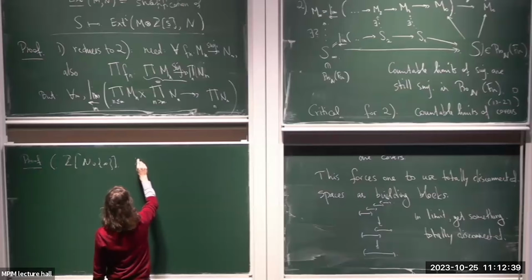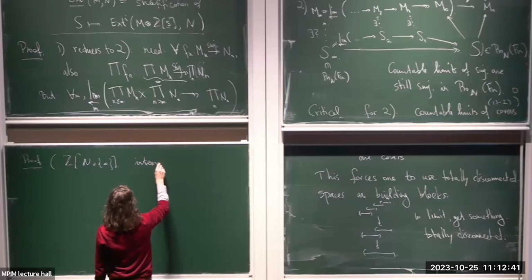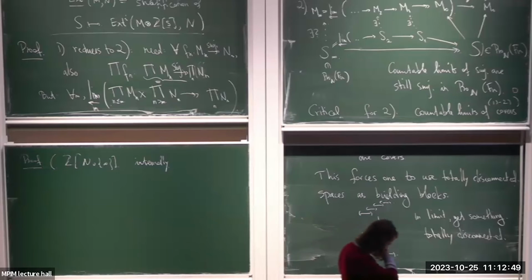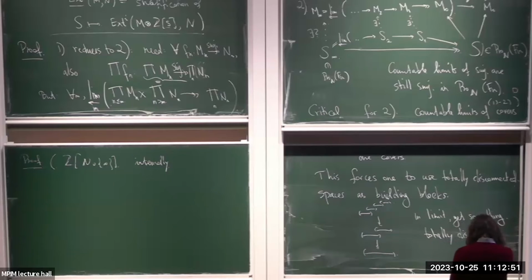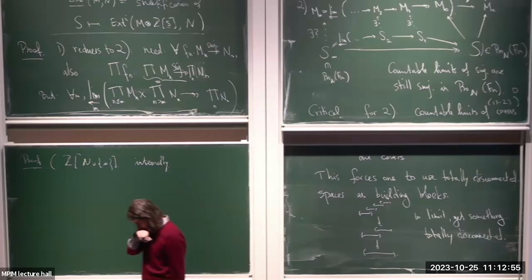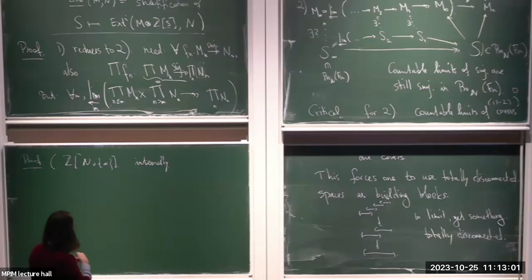So if you have a surjective map of light profinite sets, for example, you take two copies of N union infinity. So both sequences will converge to infinity, and this is covered by two copies of N union infinity, and they intersect at infinity. So you say that this surjection is in some sense a limit of open covers.